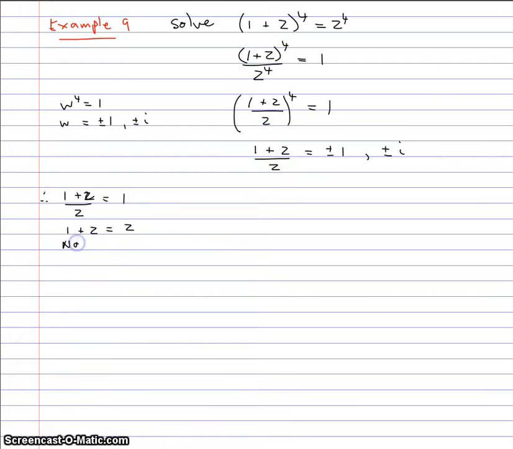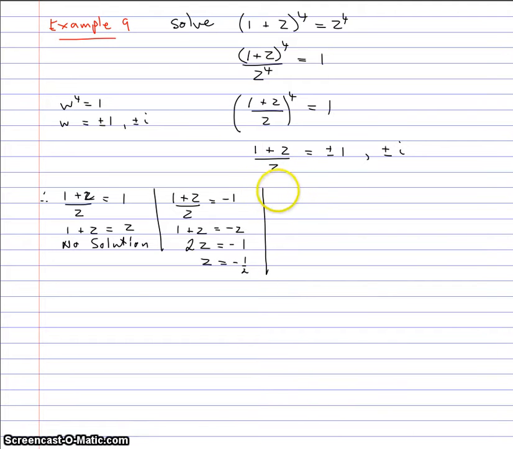So in this case, that results in no solution. That's the first one. The next one, 1 plus z over z equals negative 1. So 1 plus z equals negative z. Adding z to both sides and subtracting our 1, we'll have 2z equals negative 1. Dividing by 2, we've got z equals negative 1/2. So that's a solution that's valid.